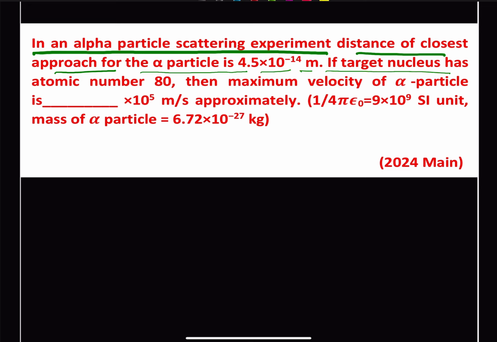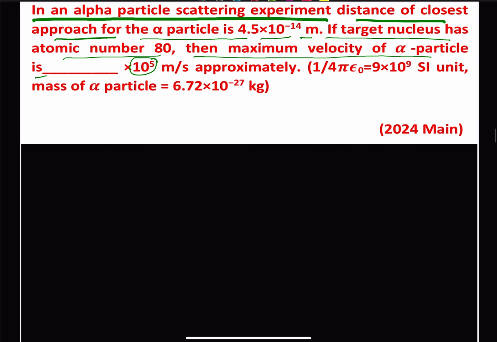If the target nucleus has the atomic number 80, then the maximum velocity of the alpha particle is dash into 10 to the power 5 meter per second. So we have to find out what will be this, fill in the blanks. So here, this is just relation between the conservation of energy.